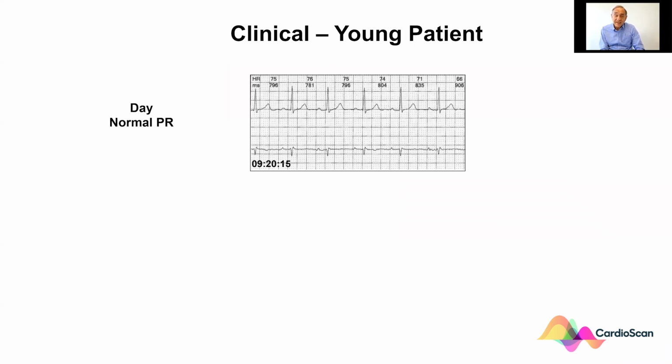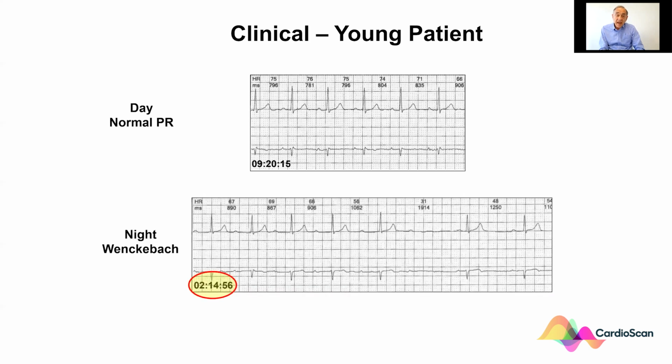It's a normal ECG. At night time, however, first degree AV block occurs, and then there are Wenckebach sequences where the PR interval progressively increases, and then there is a drop beat, and the next PR interval is much shorter.